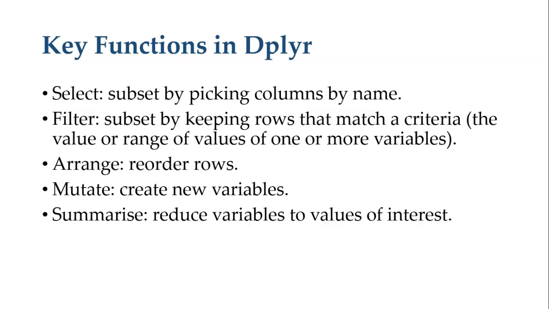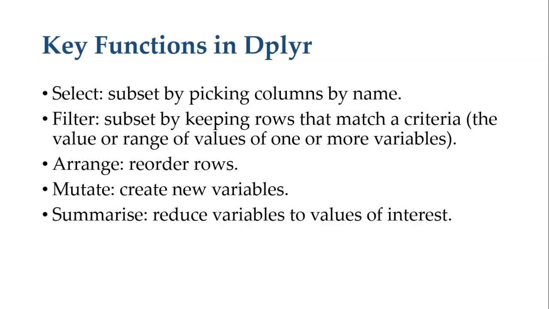And what we do with select is to say to R, pick variable 1, variable 3, variable 27, right? And the program is gonna take the whole column. So the original number of rows or observations will remain after this change, okay? Filter is used to subset by keeping certain rows that match a criterion.